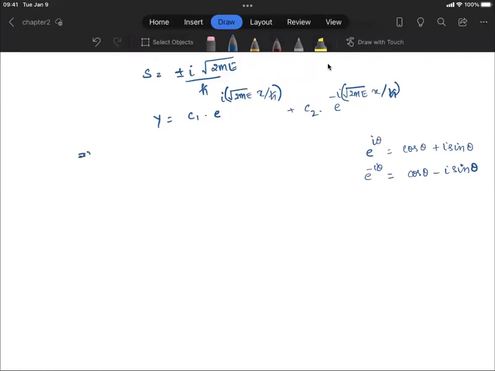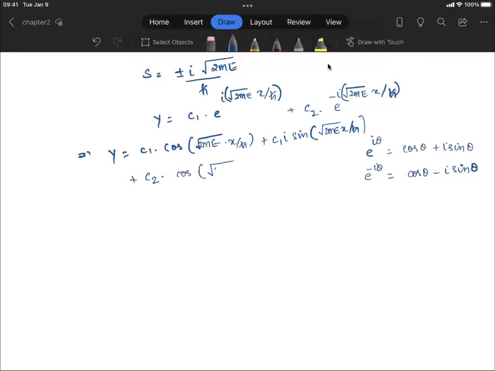So we can write psi of x as C1 times cos of root 2mE over h bar times x, plus C1 i sine of root 2mE over h bar times x.